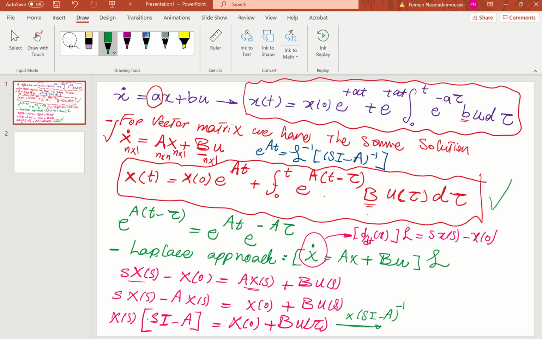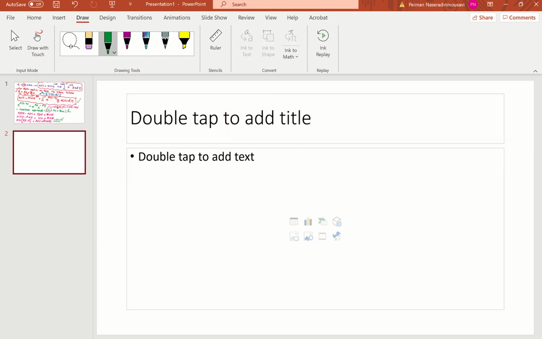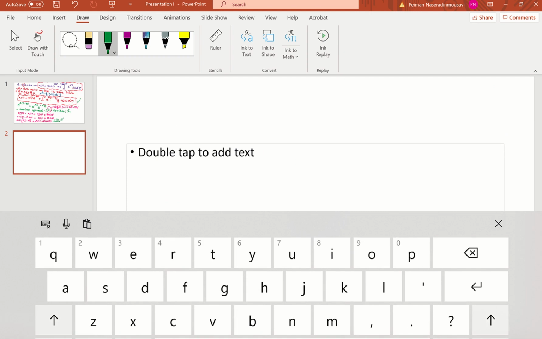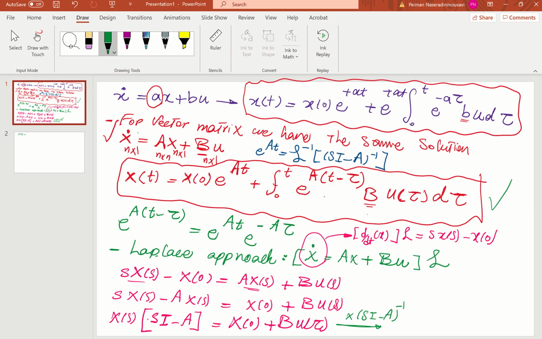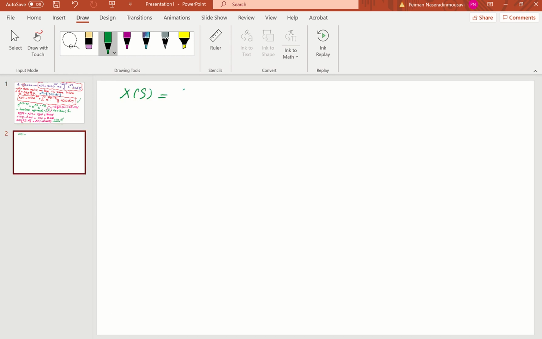If you do that, X of s is going to be x at time 0 times (sI minus A) inverse, plus (sI minus A) inverse B U of s, because the inverse times this gives the identity matrix.